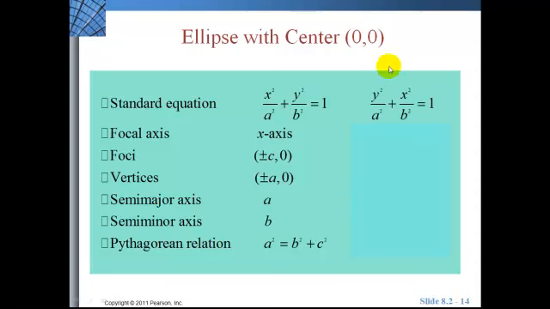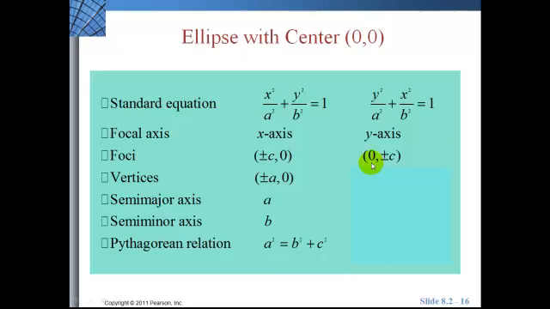If we have our ellipse going up and down, we get y squared over a squared plus x squared over b squared equals 1. The y-axis will be the longer one. So the focal axis is going along the y-axis, where x is equal to 0.